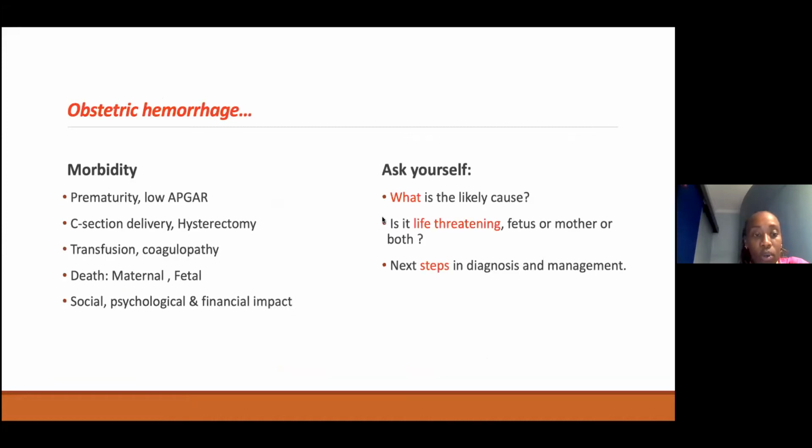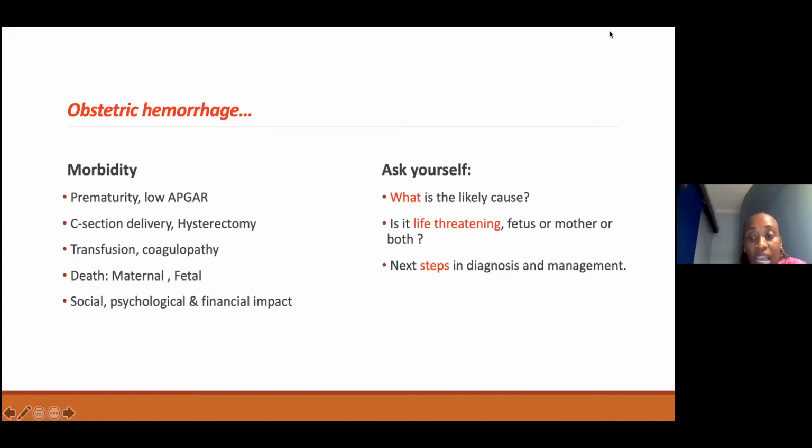All right, so why is obstetric hemorrhage such an issue? There is a whole variety of morbidity associated with it, from the fetus to the mother: prematurity, low Apgar scores, and what that means long-term for the child. It is also associated with a higher C-section rate and whatever else comes with C-sections.